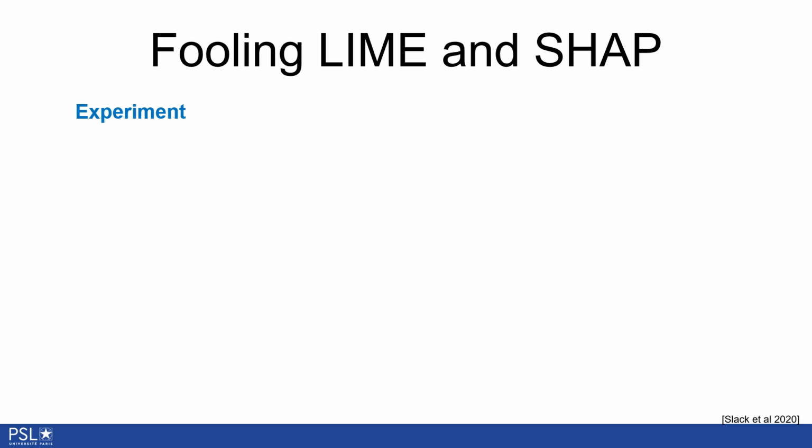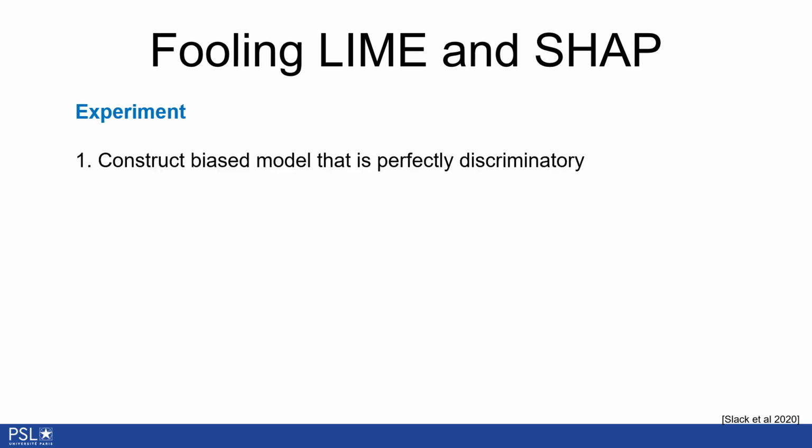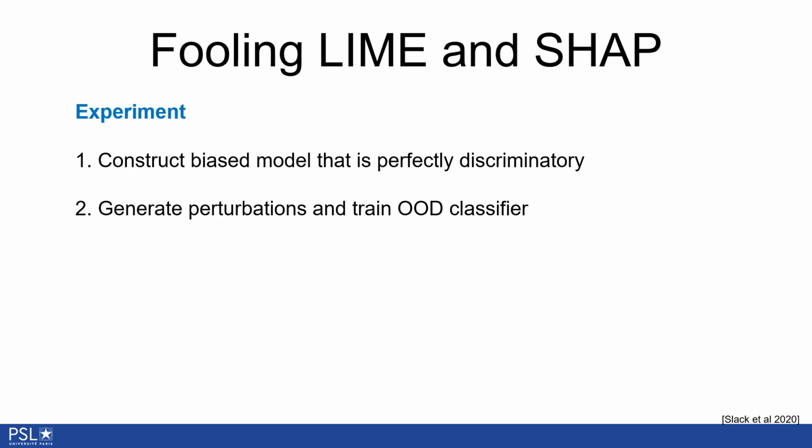The experiment was based on 3 steps. The authors first constructed a biased model that is perfectly discriminatory, meaning that it produces an output based only on the sensitive variable and no other feature. They then generated perturbations of the dataset to train a classifier that detects out-of-distribution inputs.